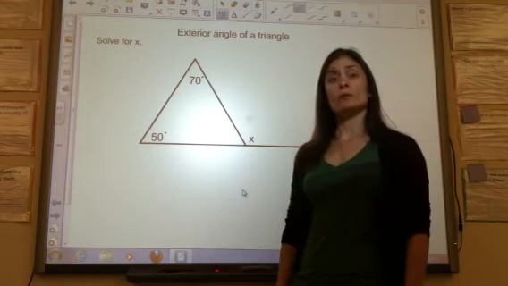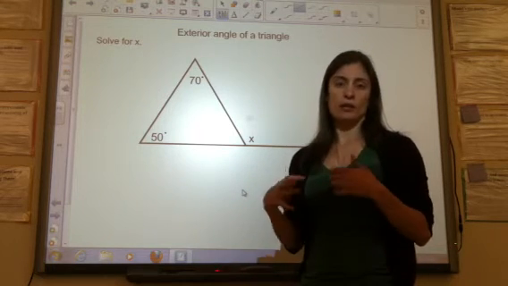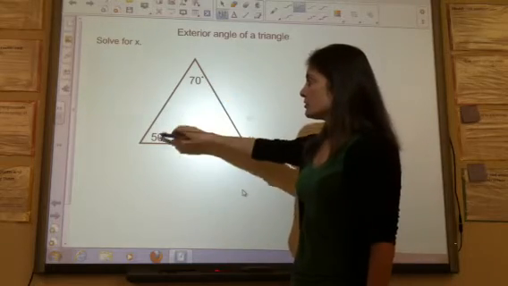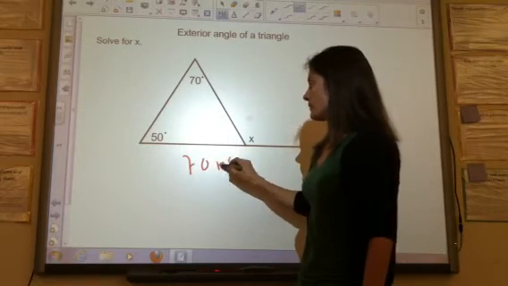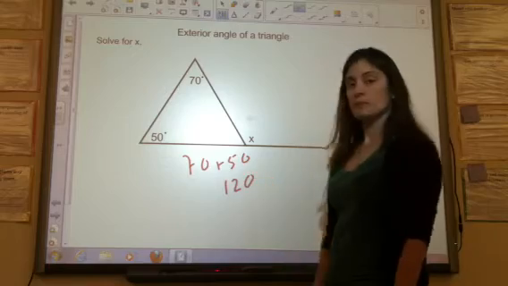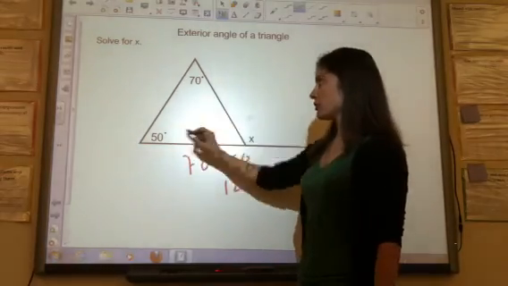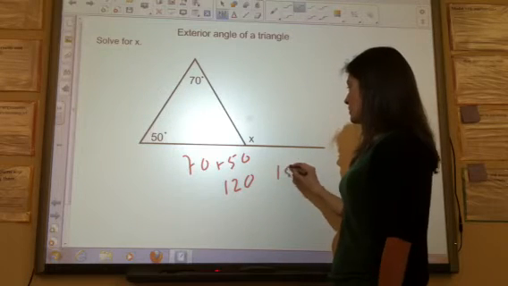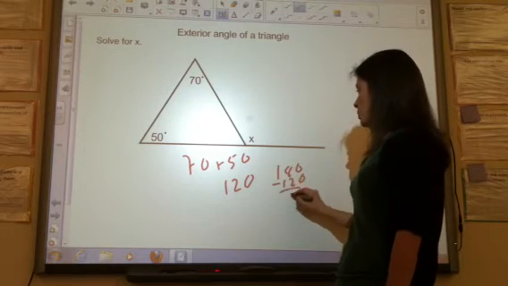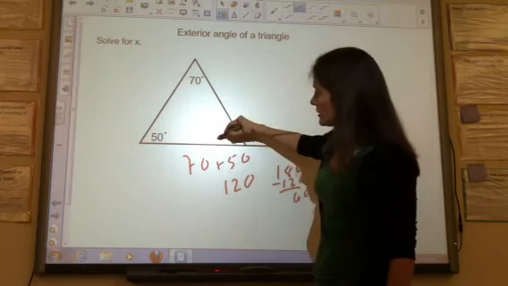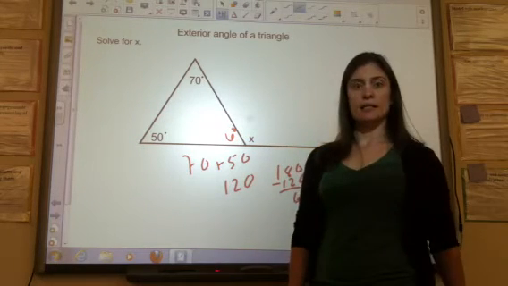You can figure that out without even knowing the exterior angle theorem. And if these two angles add up to 120 degrees, and you know that these three interior angles add up to 180, you can say, hey, wait, that means I know that this interior angle is 60 degrees.